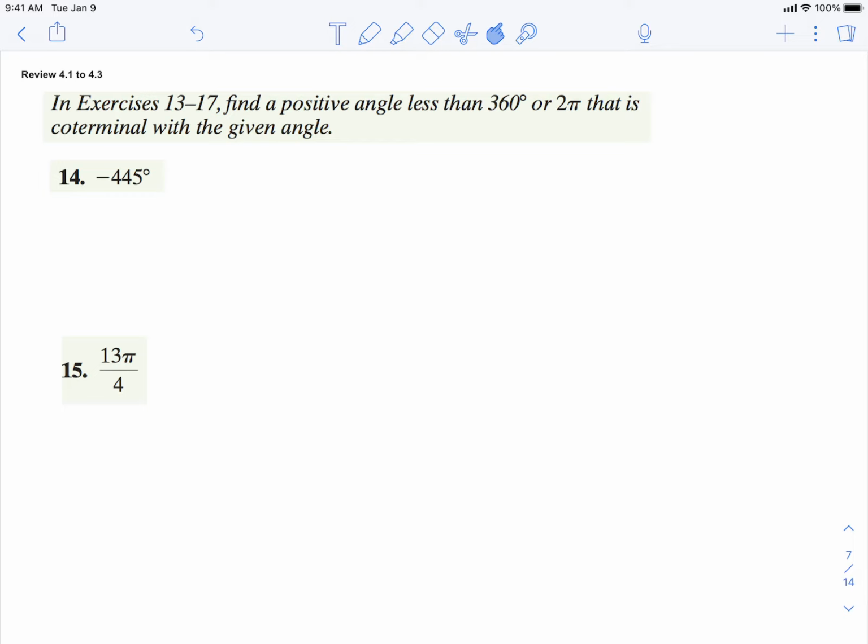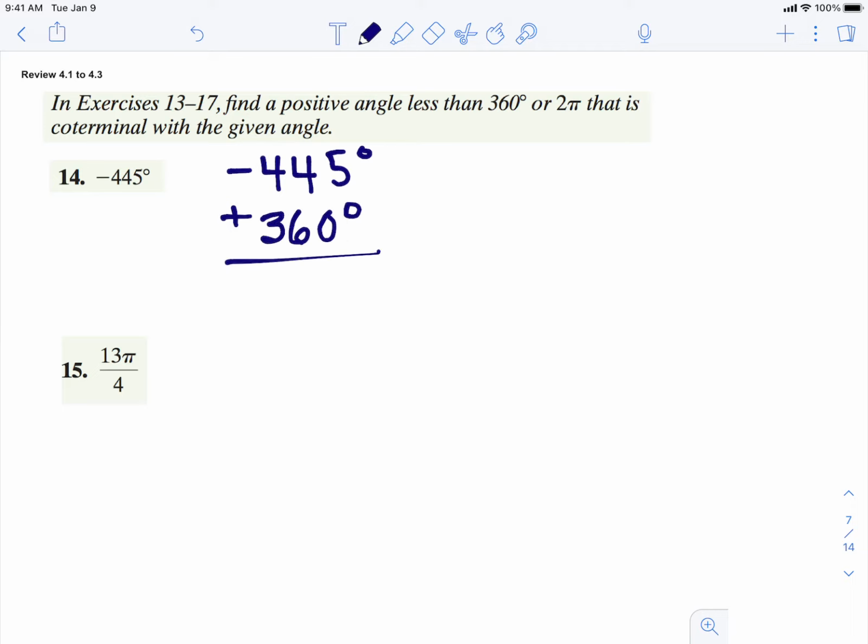All right, next step is to work with coterminal angles. And we want our angles to be between a positive 360 degrees and a positive 2 pi. So we need to add a revolution to that negative 445 degrees. So we're going to add one revolution and see if we get an angle between 0 and 360.